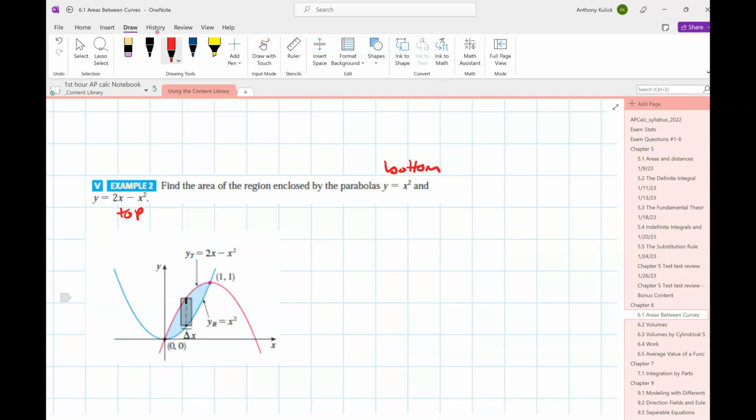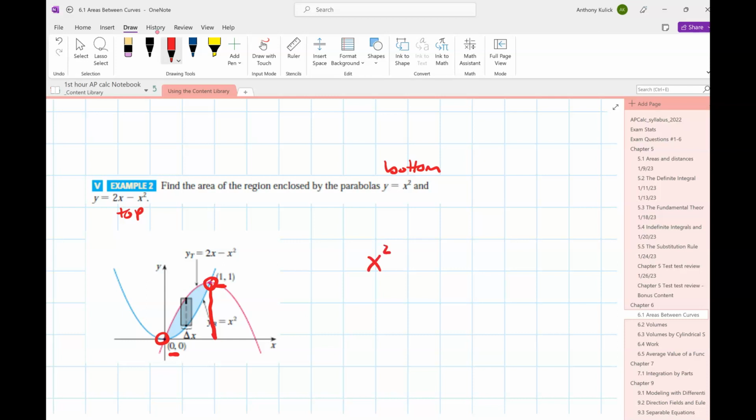And then I'm going to be integrating from 0 to 1. Now I can see that from my picture. How would I find that algebraically? How would I find those points of intersection for those two curves algebraically?